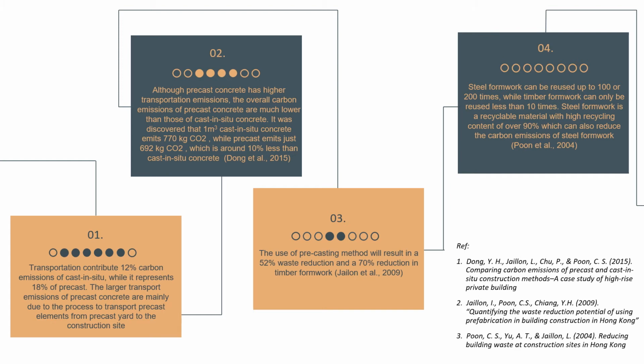It was discovered that 1 meter cube cast in situ concrete emits 770 kilogram carbon dioxide, while precast emits just 692 kilogram of carbon dioxide, which is around 10% less than cast in situ concrete according to Dong et al. 2015.